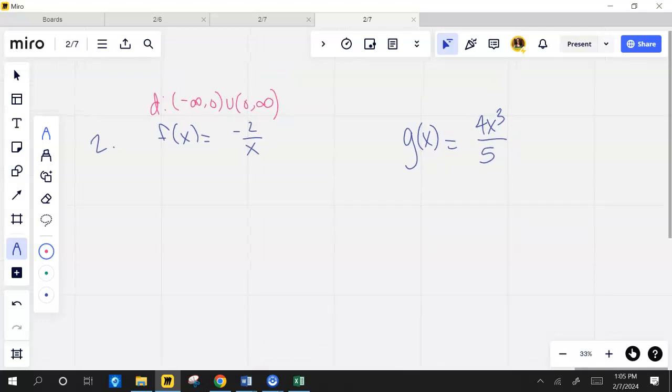All right, look at this one, g of x. What's the domain of g of x? What's the parent function of g of x? It's a cubic. What's the domain of a cubic? Negative infinity to infinity. That will definitely help you. It doesn't matter if it stretches or shrinks. Right. When I put them together, I can look back.